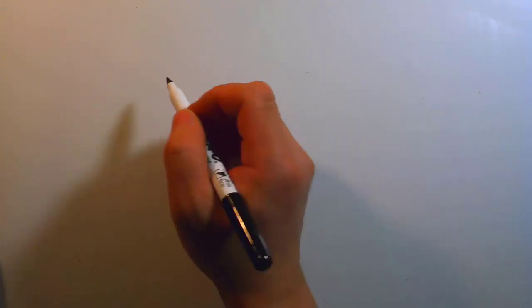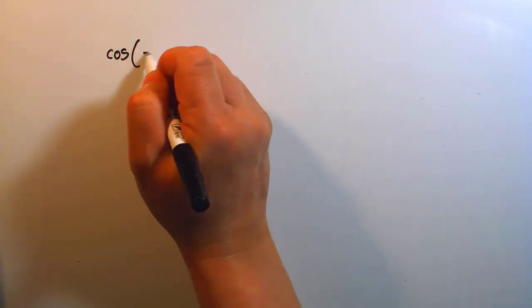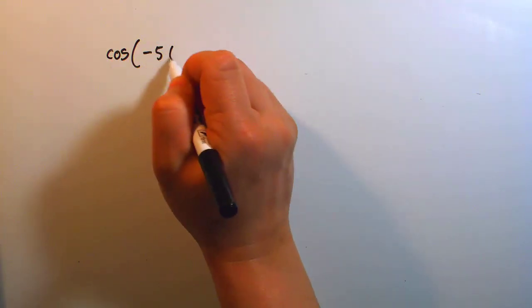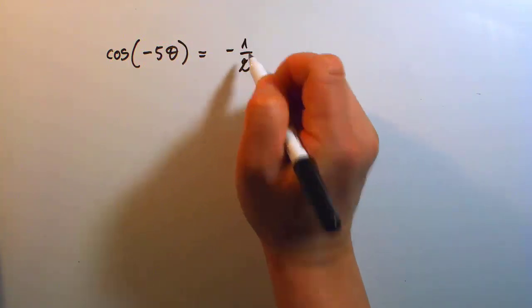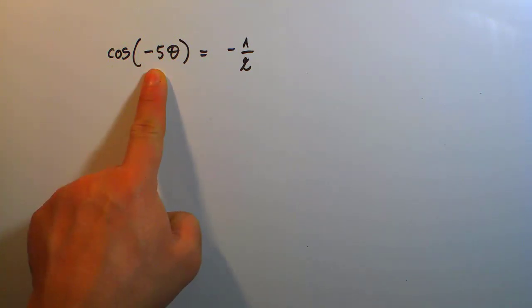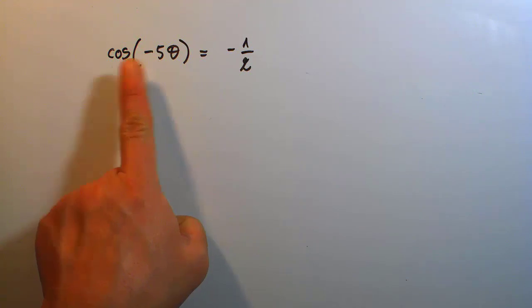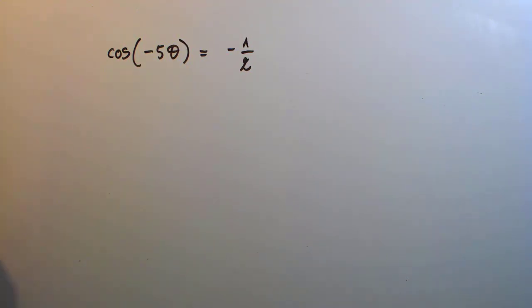Similarly, in the same additional note, what if we have a cosine and again a negative, let's say cosine of negative 5 theta equals negative 1/2. I'm trying to be as random as possible, but the main thing I want to point out is what if we have an expression with a negative sign inside of our trig function.